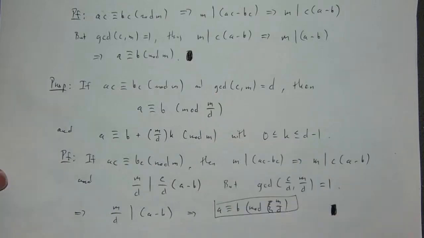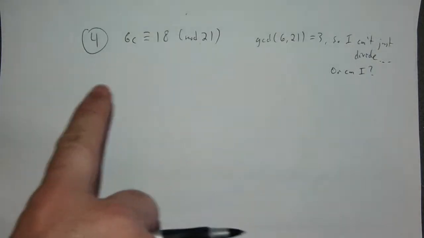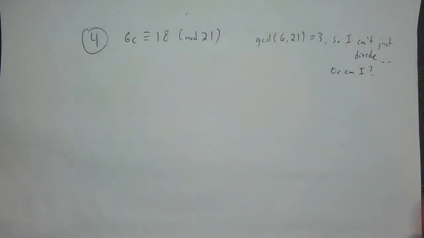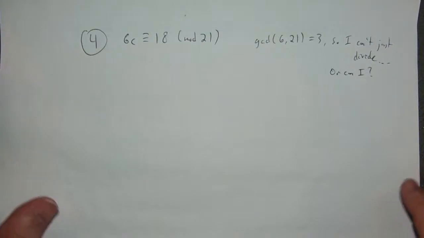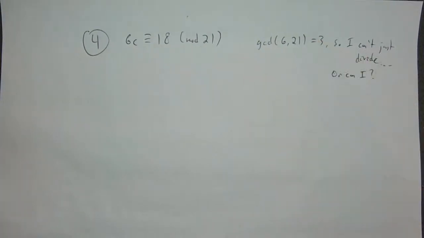I get mod m over d instead of mod m. So let's see what that takes us. We want to solve this congruence mod 21, but let's just go ahead and do this division. So I want to divide by 3, so I want to divide the modulus by 3 here.